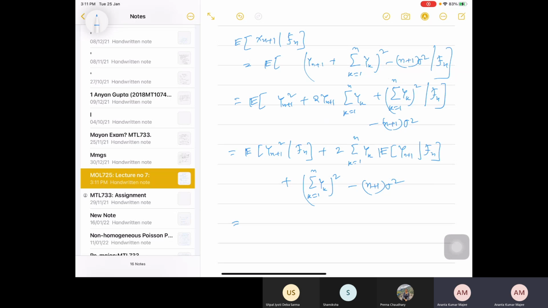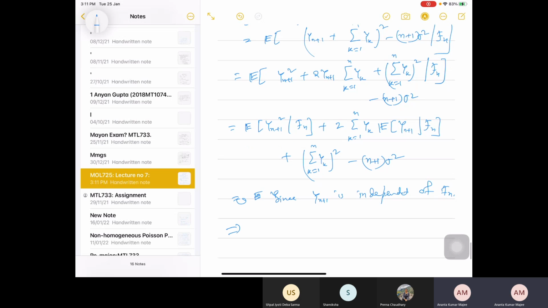See, the y of n plus 1 are IID, and Fn is the sigma algebra generated by y1, y2, up to y of n. Hence this is nothing but the expectation of y1. Similarly, because y of n plus 1 is independent of f of n, this implies I have the expectation of x of n plus 1 given f of n.